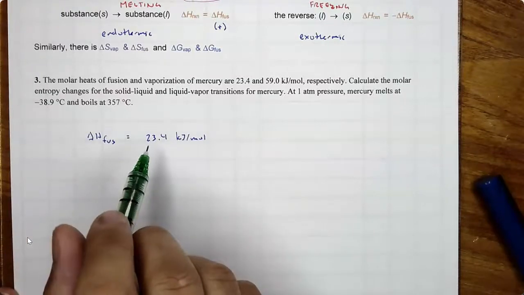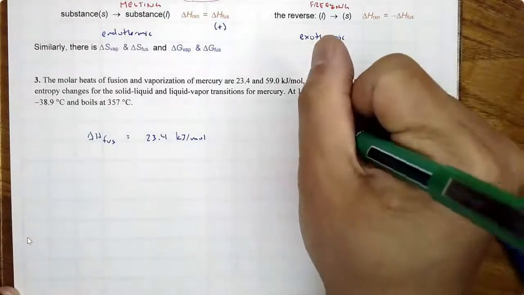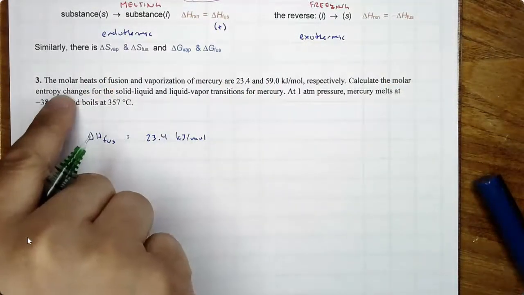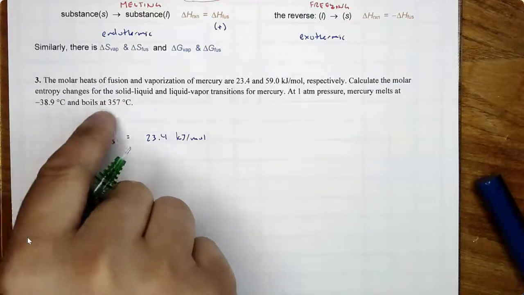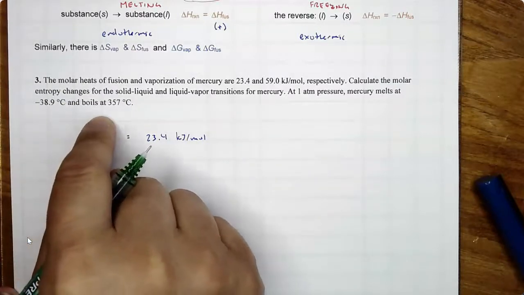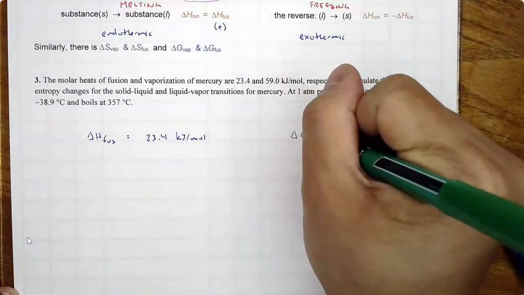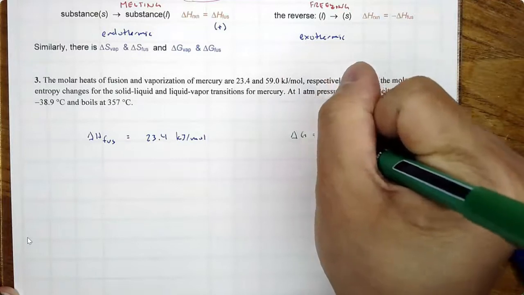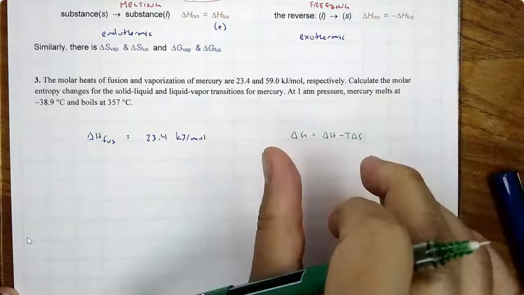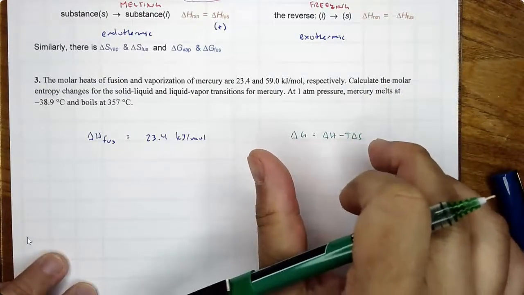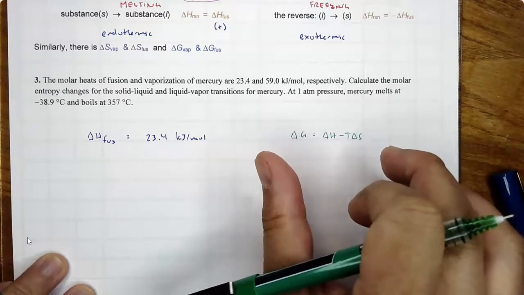The problem is, it's not a problem. The thing is, we have delta H's. They're asking for delta S's. And we have temperature. Possibly we're using this equation. Now we're not given delta G. But for me, if I jot something down on paper, I have a better chance at seeing where the twist is.